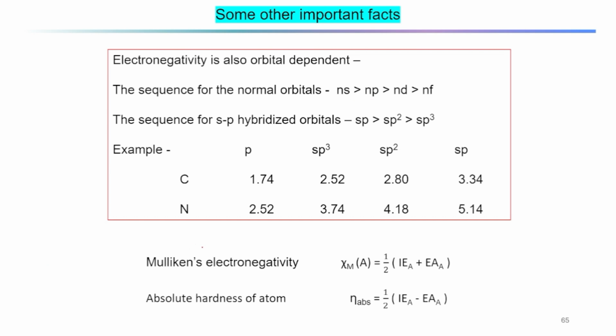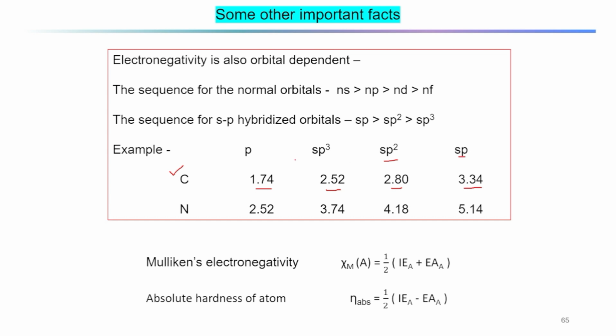Now let's see some examples. If you consider the carbon atom, in the case of only the p orbital, the electronegativity value is 1.74, whereas when it is sp3 hybridized, the value is 2.52. When it is sp2 hybridized, it is 2.8, and when it is sp hybridized, the value goes to 3.34.